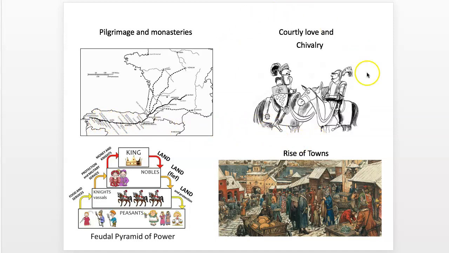We talked about chivalry, knights having a code of conduct that they're supposed to follow, and how it's related to the Crusades and also courtly love. People would be going off to war on the Crusades and they would leave behind knights to watch the castle, and there'd be affairs and trysts and all kinds of things in the nobility.